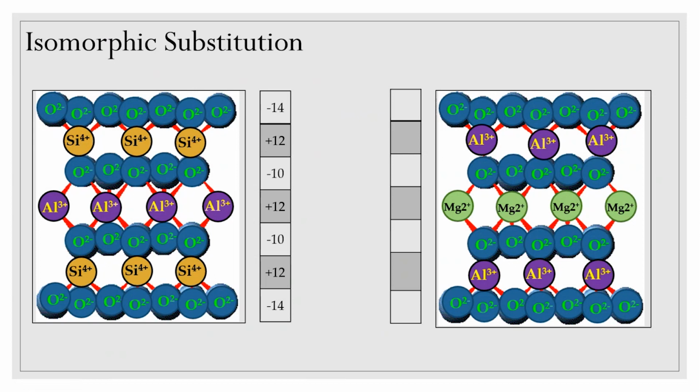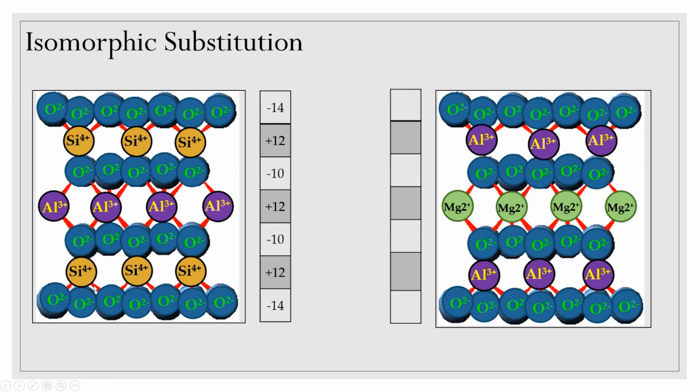When we get to our octahedral layer, 5 oxygens, each with a charge of negative 2. 4 aluminums, each with a charge of plus 3, or total charge of plus 12. Again, 5 more oxygens. So negative 10.